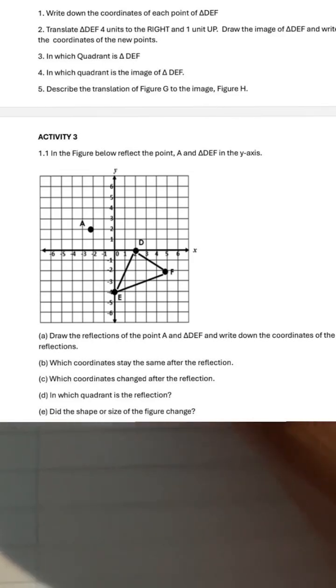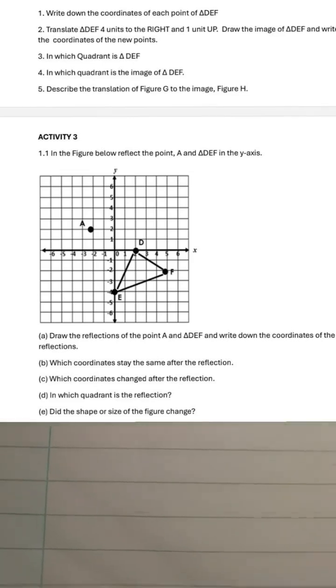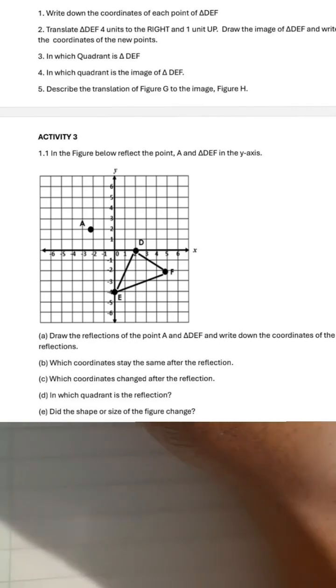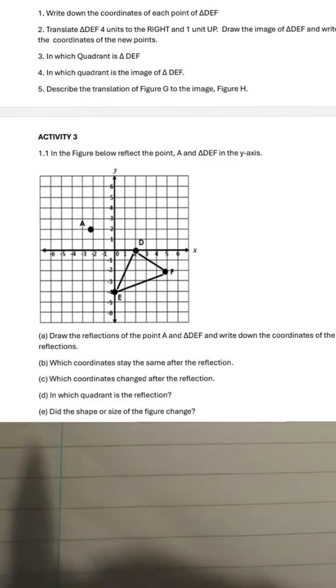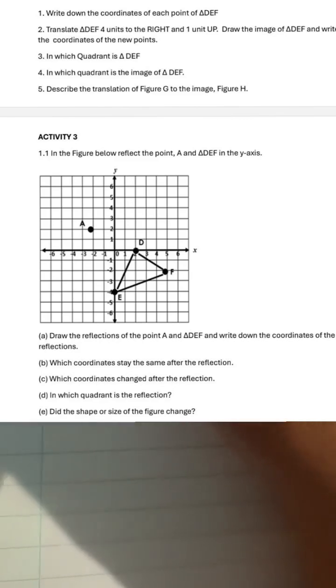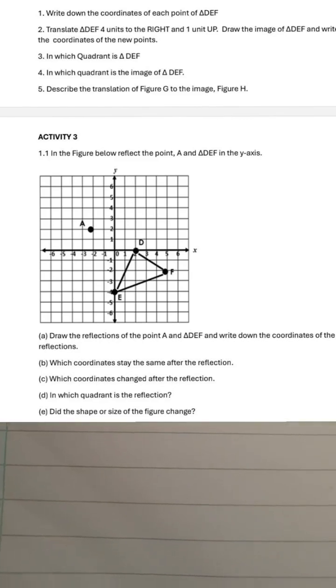Okay, so A is (-2, 2). D is (2, 0). E is (0, -4). And then lastly, F is (5, -2). So these are our coordinates for the respective points.